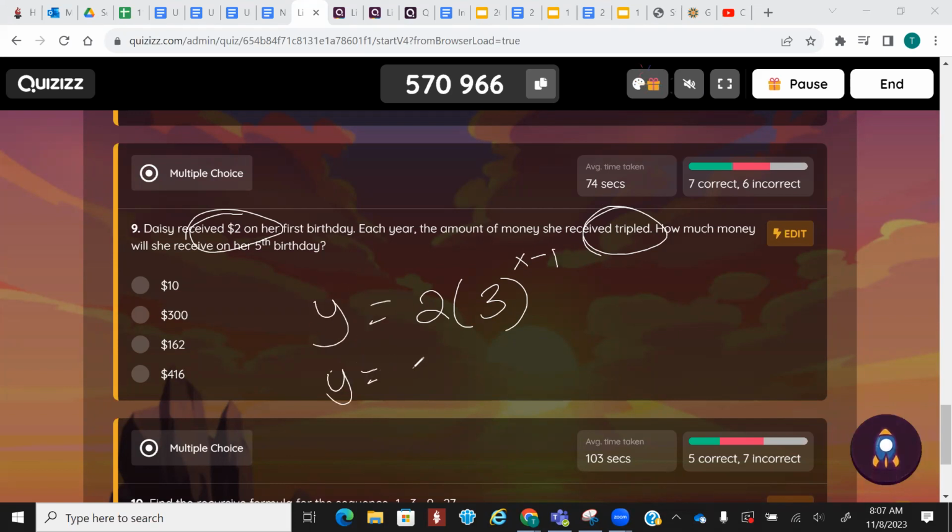So then we're going to plug in 5 for x. Okay, and what does that give us? Oh, no. So that's going to give us 3 times 3 times 3 times 3 times 2. That gives us 162. Okay, questions over that?